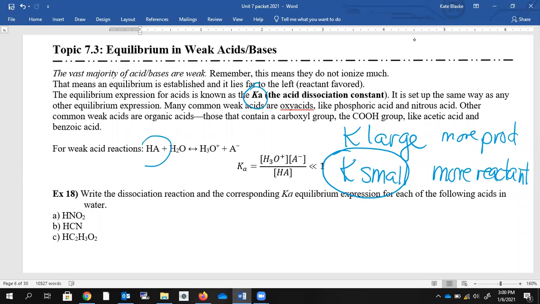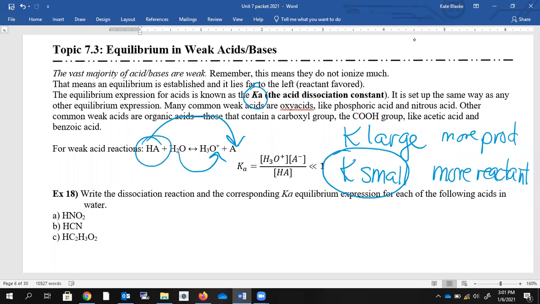They will write out HA instead of a specific acid. So A can be any anion with that H plus or proton connected onto it. So that HA acid reacts with water. Since HA is an acid, it is going to donate away a proton and make the conjugate base of A minus. The water is going to act as a base, accept that proton, and form the conjugate acid of H3O plus.